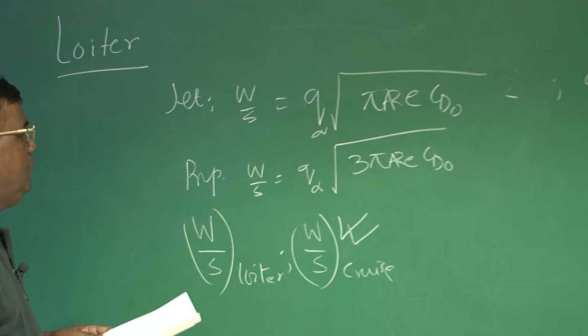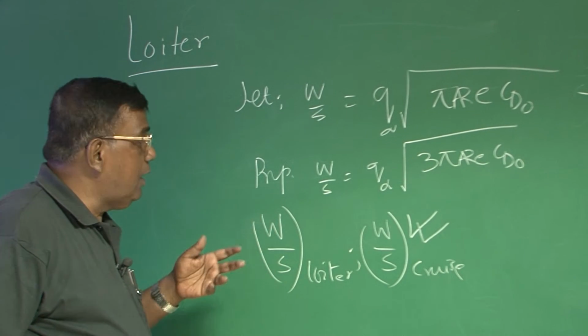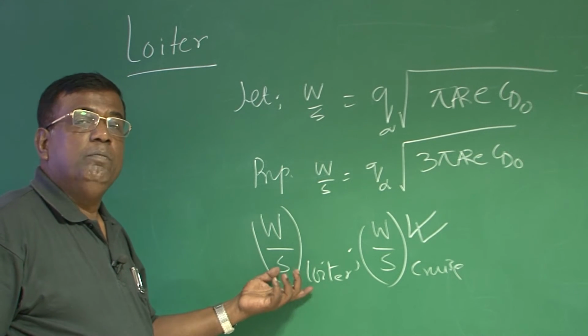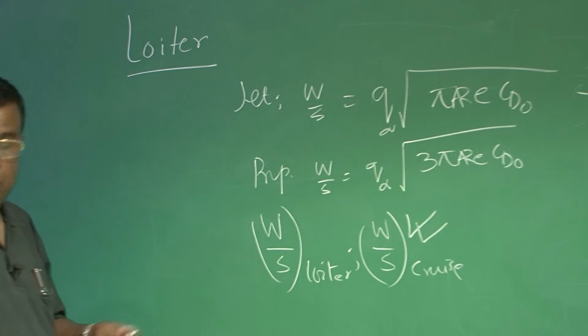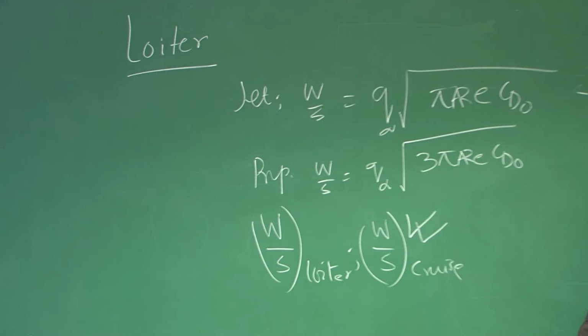However, if I am designing some surveillance or reconnaissance aircraft, I may give W by S for loiter more importance than the range requirement, right? So these things go on changing based on what the final aim is.